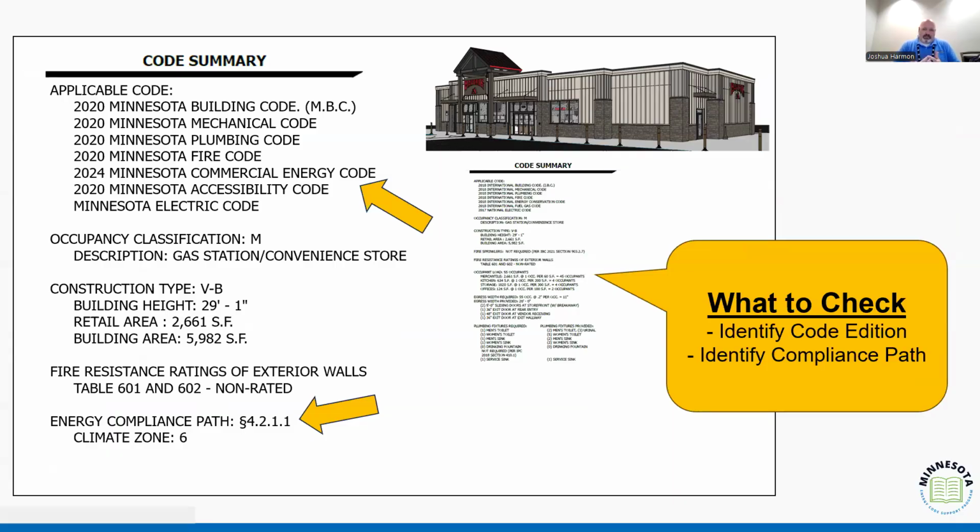So one of the first things I think is important, and I say this a million times because it is critical to the conversation, is making sure they pick the right code. We know that the Minnesota Commercial Energy Code is not the same as the Wisconsin, the international, or even its own base standard, right?